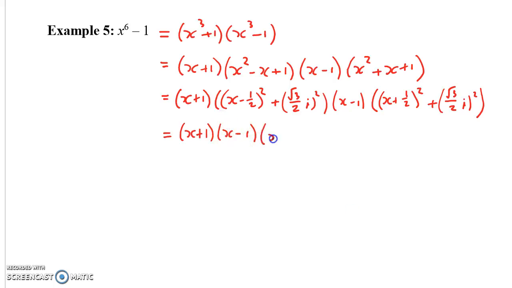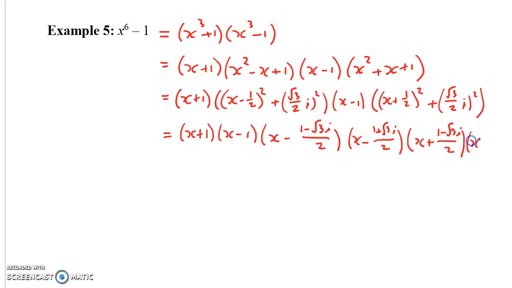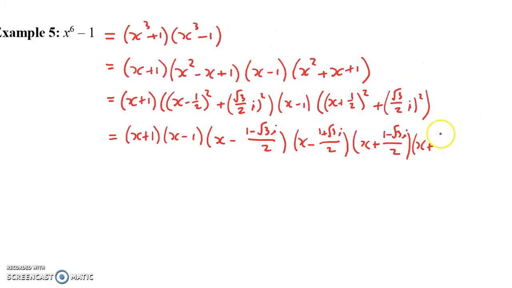That becomes x minus 1, x plus 1, then x minus 1 minus root 3i on 2 times x minus 1 plus root 3i on 2 times x plus 1 minus root 3i on 2 times x plus 1 plus root 3i on 2.